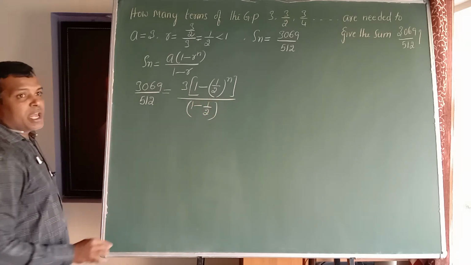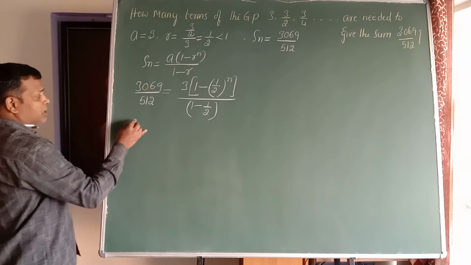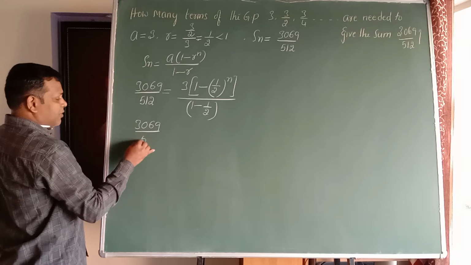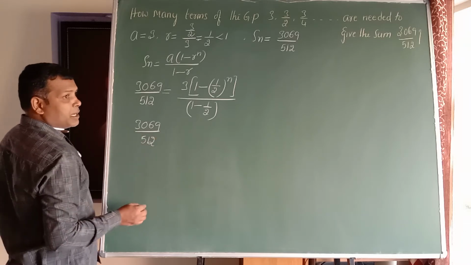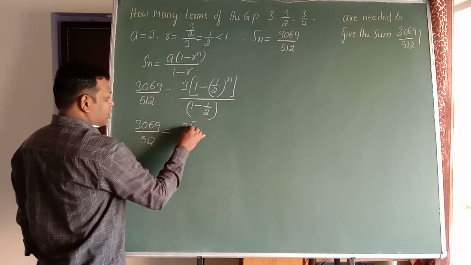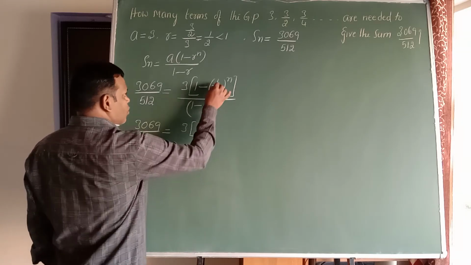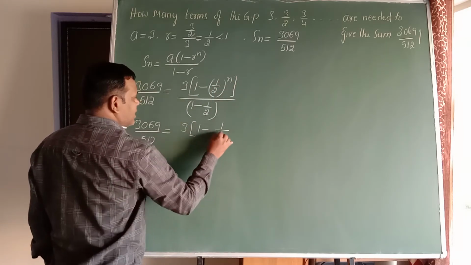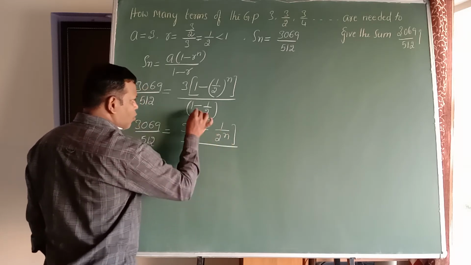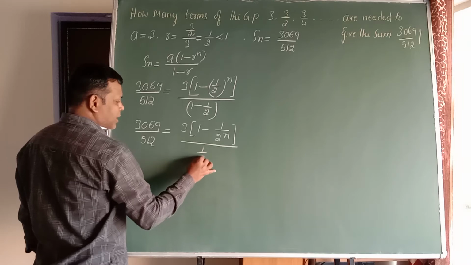Look at me, it's a very beautiful question. So 3069 divided by 512 is equal to 3 into 1 minus 1 power n is 1 divided by 2 power n, whole divided by 1 minus 1 by 2 is 1 by 2.